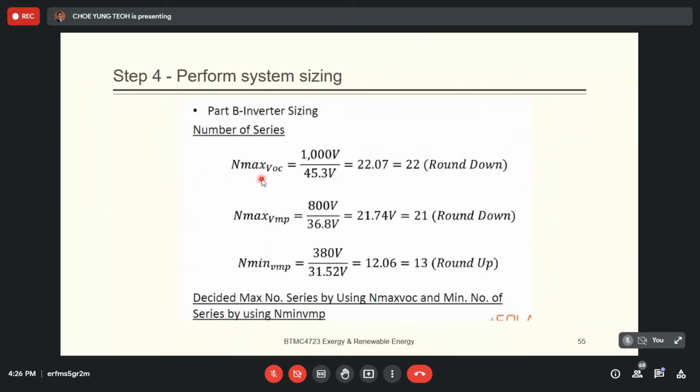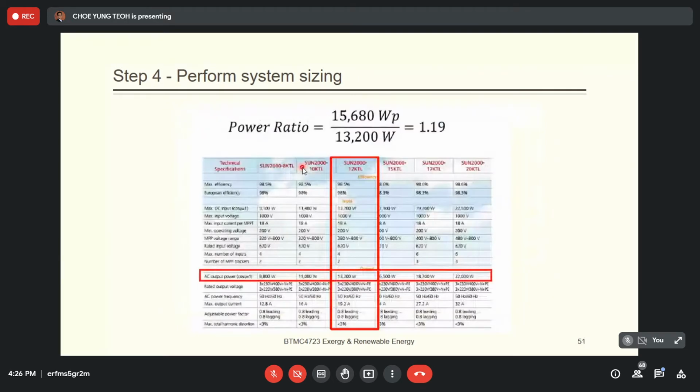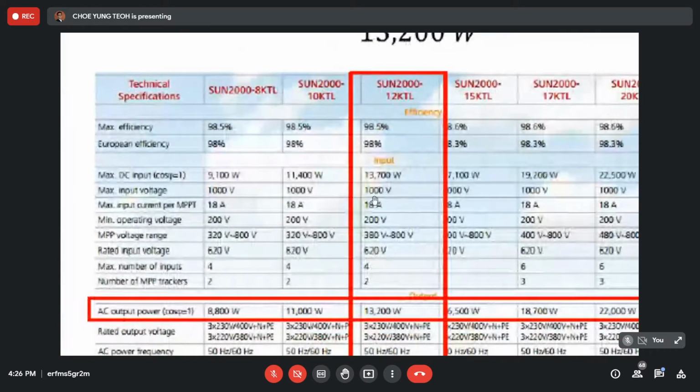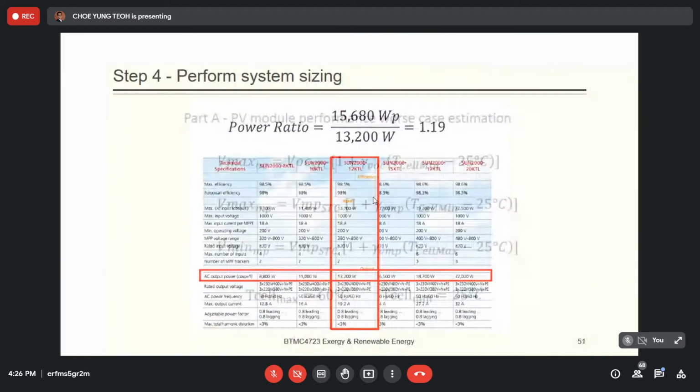For maximum VOC, we use 1000. The maximum voltage during open circuit is 45.3, and the maximum allowable voltage to the inverter is 1000, if we refer to the spec of the inverter. You can see the maximum input voltage is 1000.